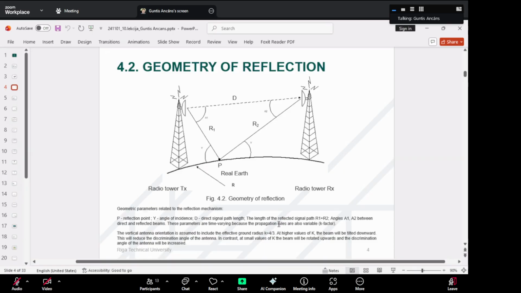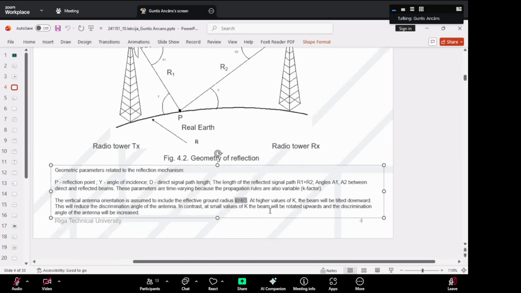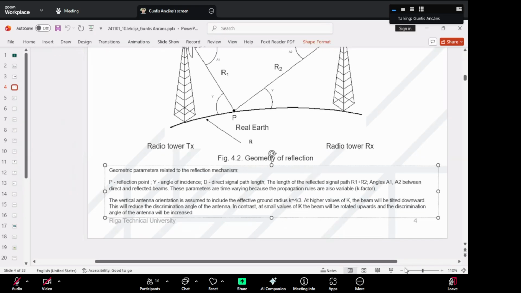In all simulations, this K factor is assumed to have a value of 4/3. It's like for a normal atmosphere. All calculations actually assume this value in simulations.